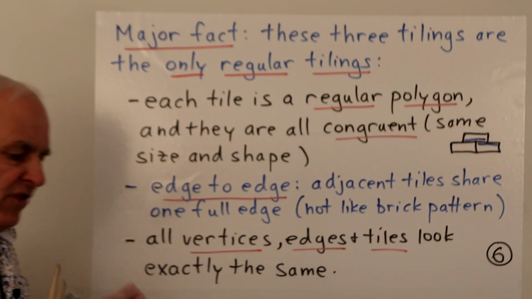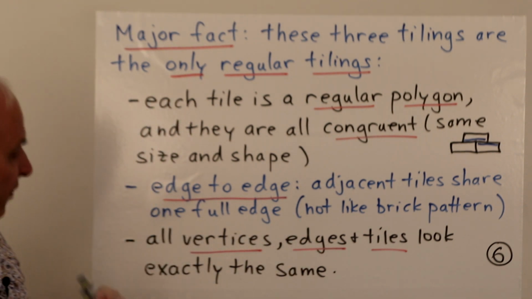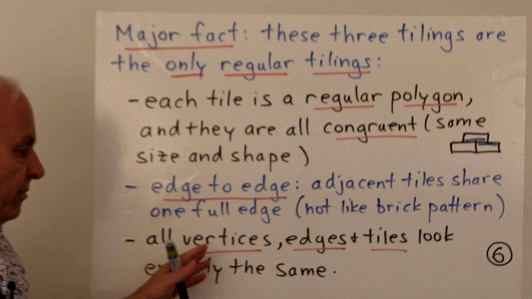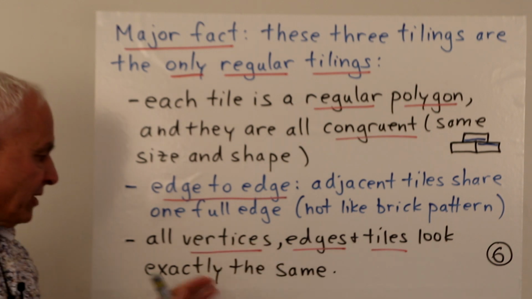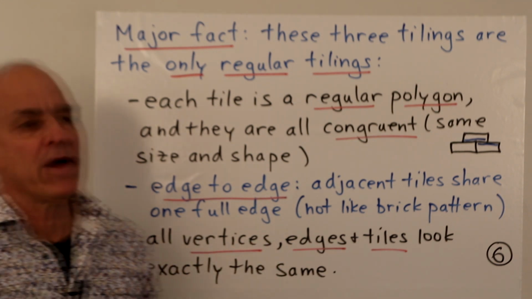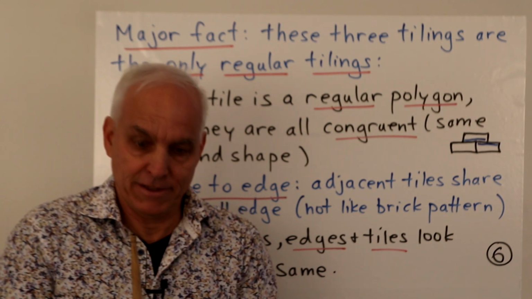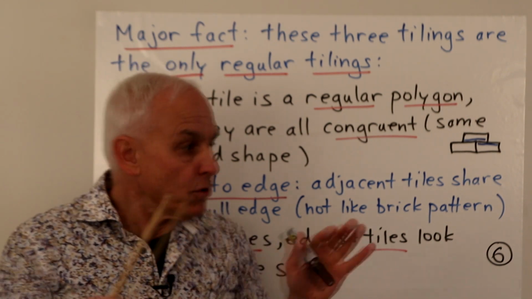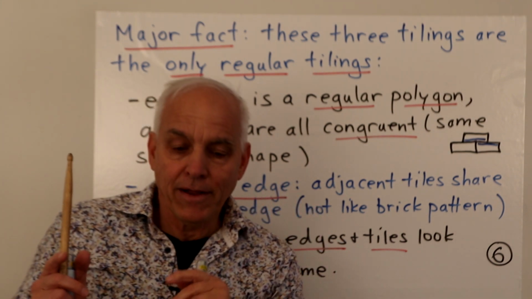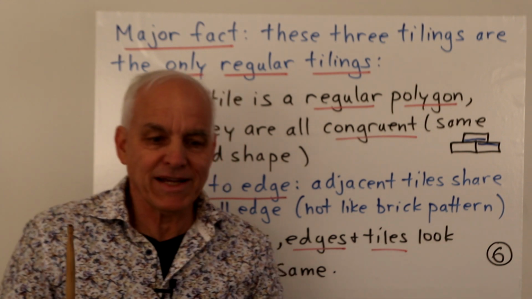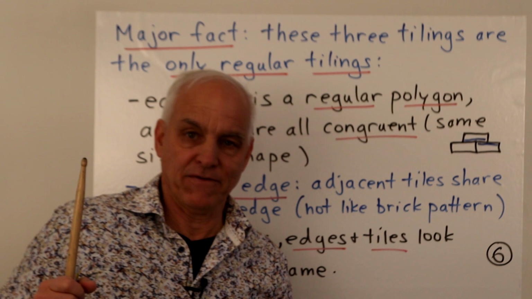And then there's the question of symmetry. We want this to be maximally regular or symmetrical. And one way of saying that is that all the vertices look the same, all the edges look the same, and all the tiles look the same. You can think about that as meaning the following: if you were at one vertex, looking around and videoing what you see, taking photographs and so on, then what you're going to report is exactly the same as what somebody else is going to report standing at a different vertex.